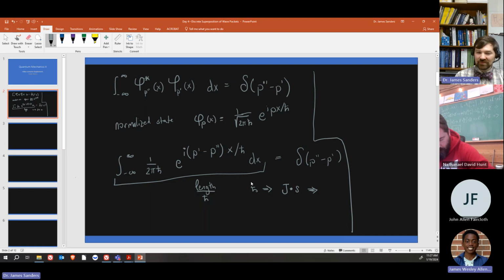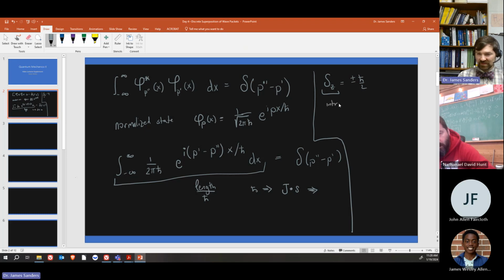What did we use h bar for in this course? We used it for spin. Remember, our spin could be either plus or minus h bar over 2. So what kind of thing is spin? It's angular momentum.